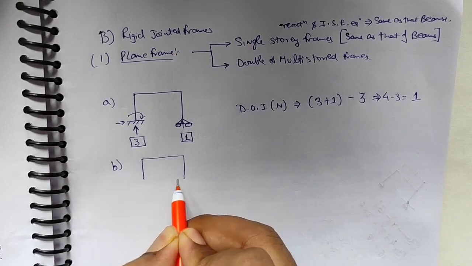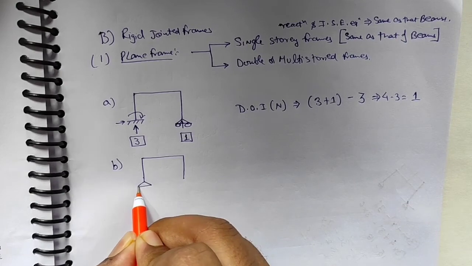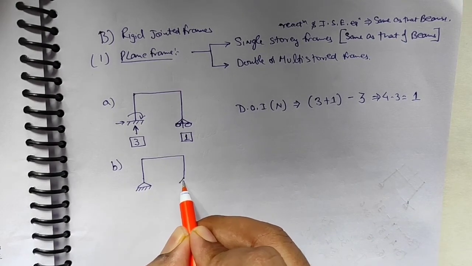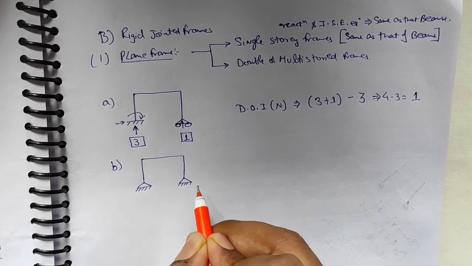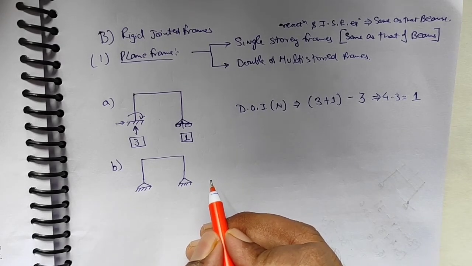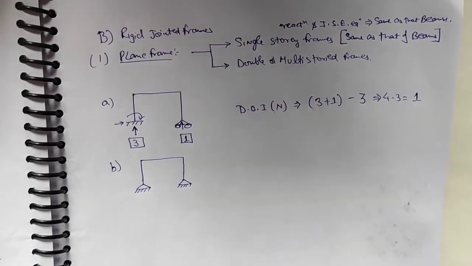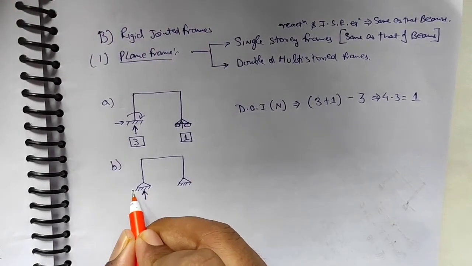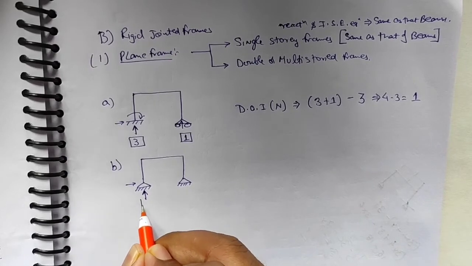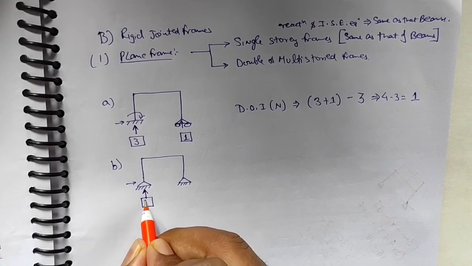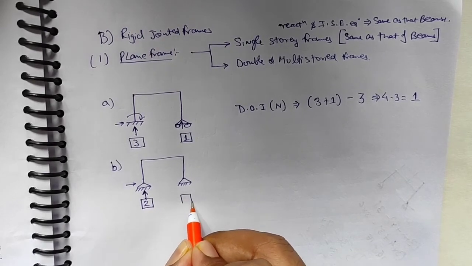Again, if I consider a similar type of frame of one story in which I have 2 ends supported with hinges, then as discussed, I'll have 2 unknown reactions at each hinge end.